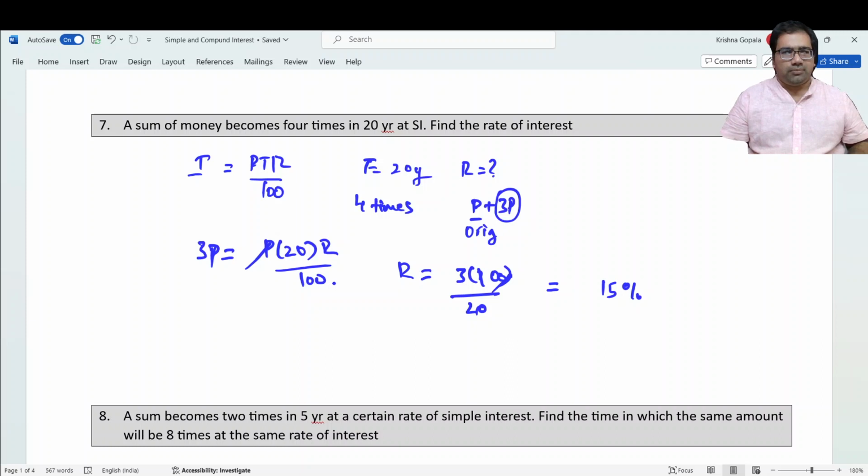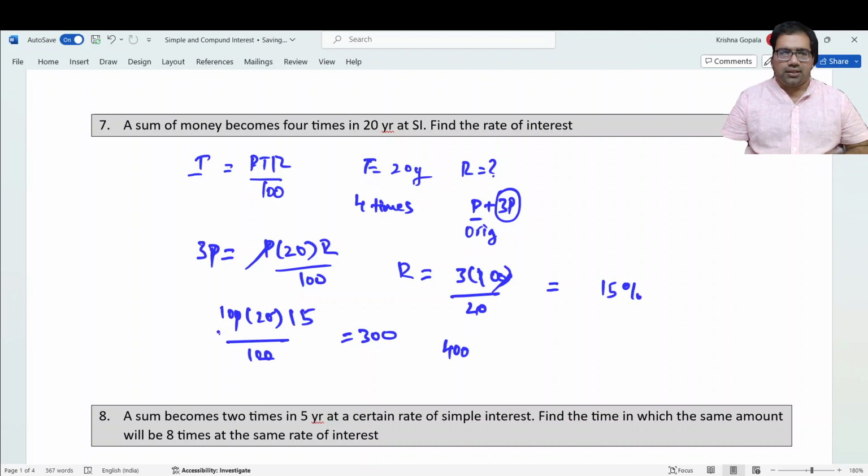Sum of money will become 4 times in 20 years. Let's say 100 is the original amount. 100 into 20 into 15 by 100. Right? This becomes 300. So interest becomes 300, right? So total amount will become 400. Okay? We're just refining that.